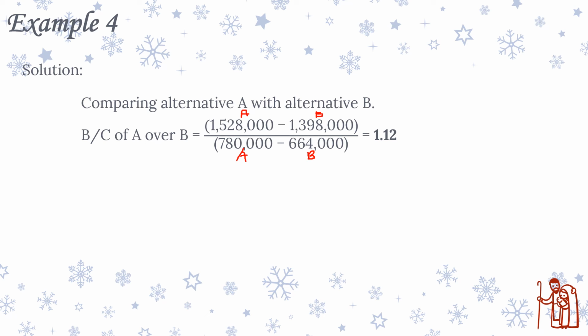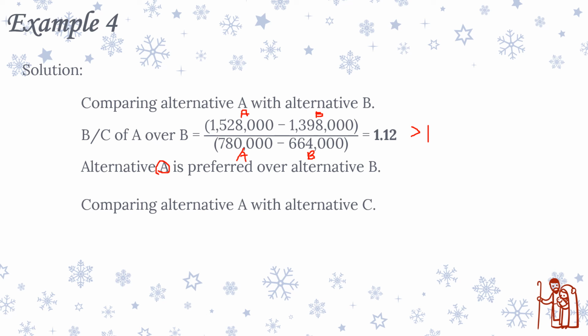Okay, so therefore the answer for the benefit cost ratio of A and B is 1.12, and it's greater than 1, therefore you would prefer alternative A. Okay? So, alternative A prevails. So, now you will compare it with alternative C. So, A is matched against C.